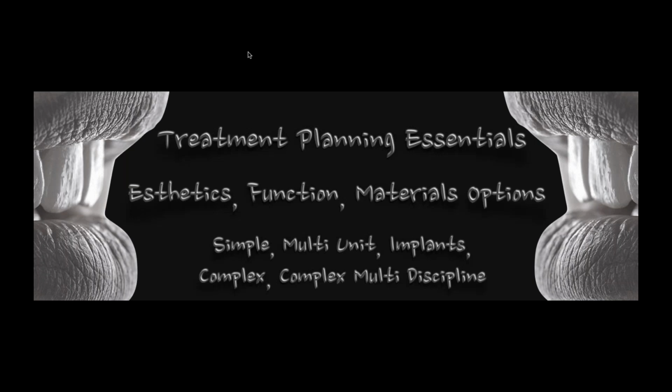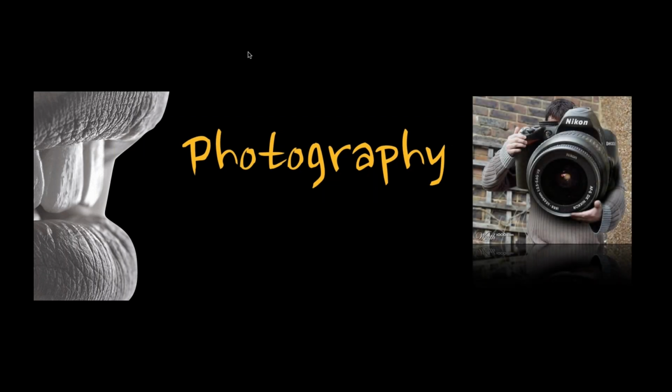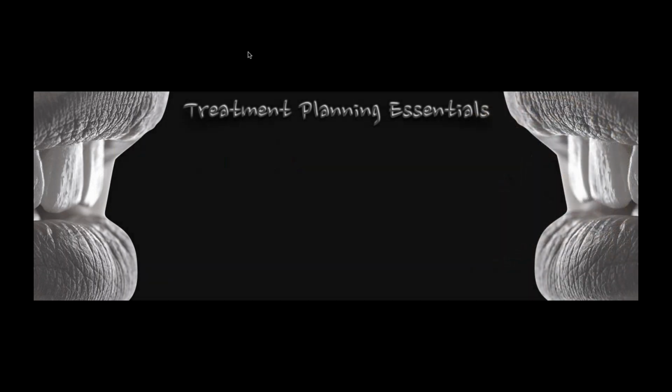And it gets more and more complex as we go on, right? And then sometimes even these complex cases are multidisciplinary, so I might have to use orthodontics or some surgical processes. A lot of that comes from the information on the photographic side to start with. So again, photography is just a simple way of how we're looking at this, and there's a lot more to it.